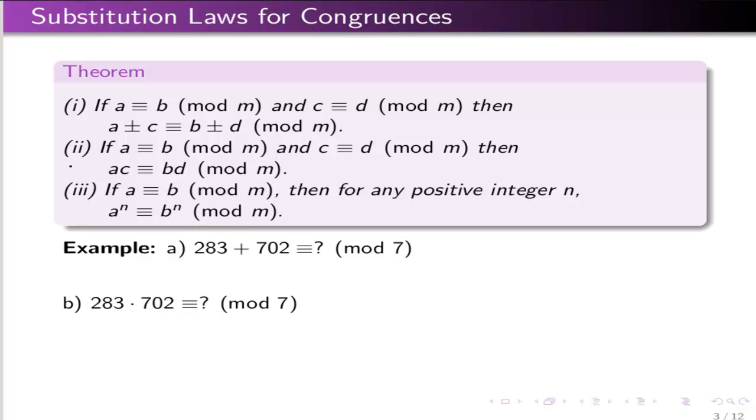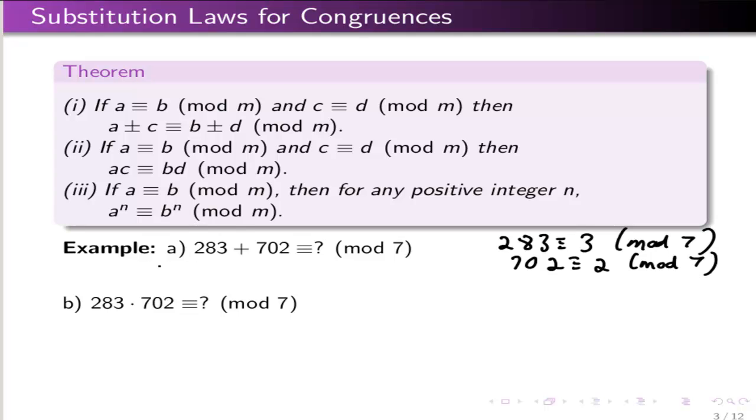Okay, so for example, 283 plus 702. Well, 283 is 3 more than 280, so 283 is congruent to 3 mod 7. 702 is congruent to 2 mod 7, being 2 more than 700.